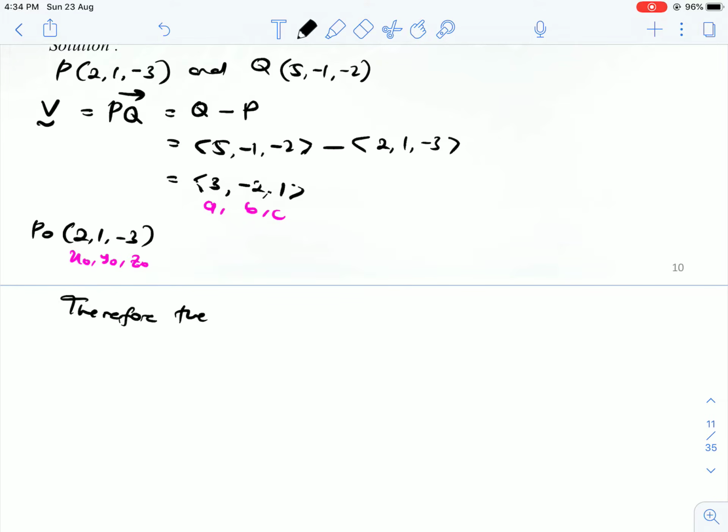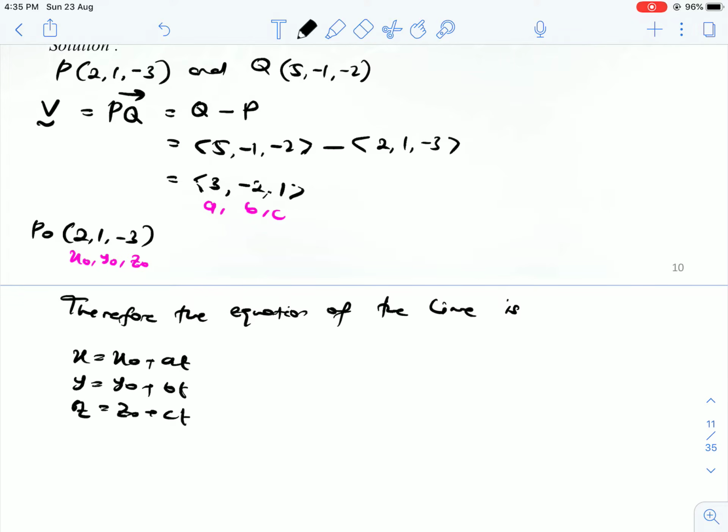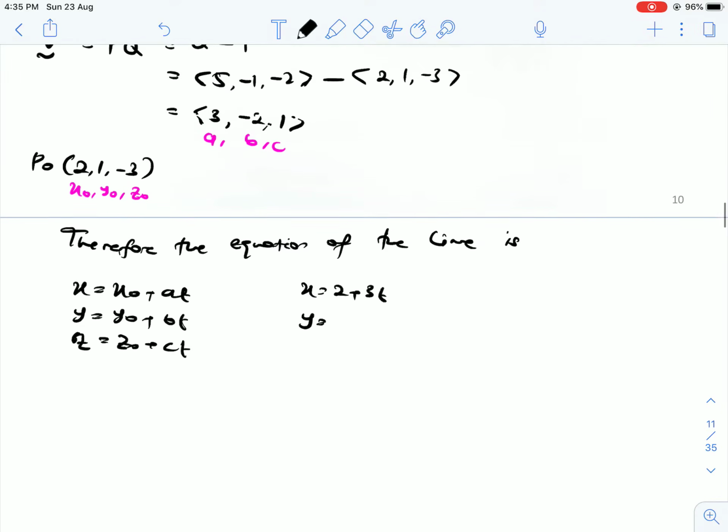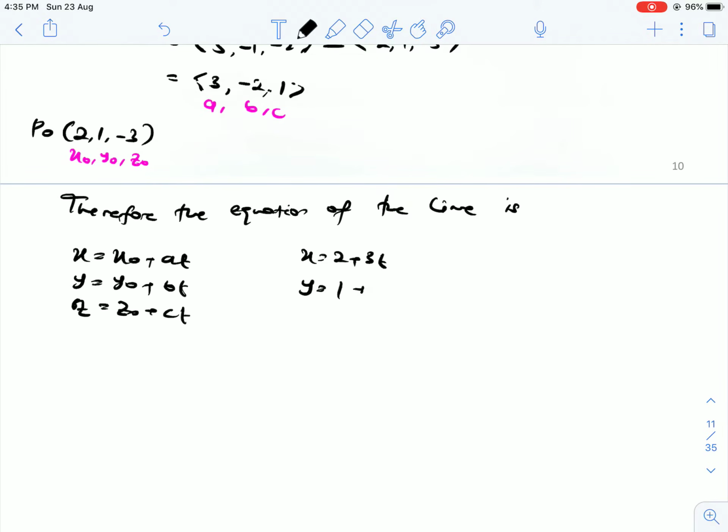Therefore, the equation of the line is X equals X0 plus AT, Y equals Y0 plus BT, Z equals Z0 plus CT. So we will have X equals 2 plus 3T, Y equals 1 plus negative 2T, and Z equals negative 3 plus 1T, so plus T, like this.